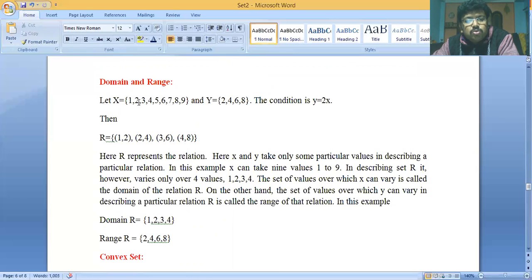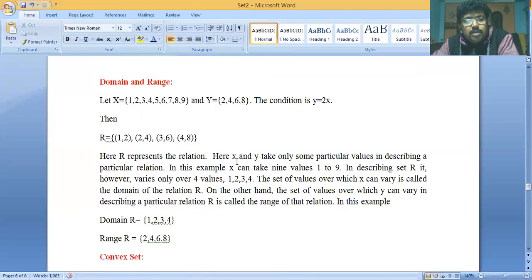If X is 2, then Y is 4. If X is 3, then Y is 6. If X is 4, then Y is 8. On the basis of this relation, we get these points.